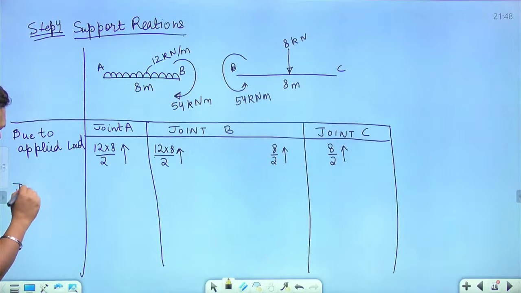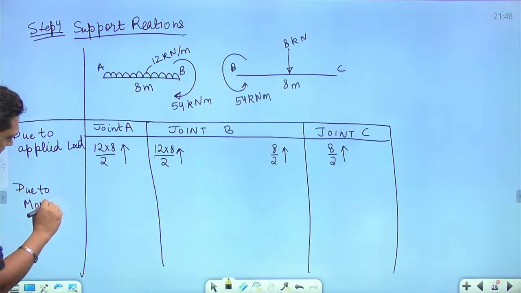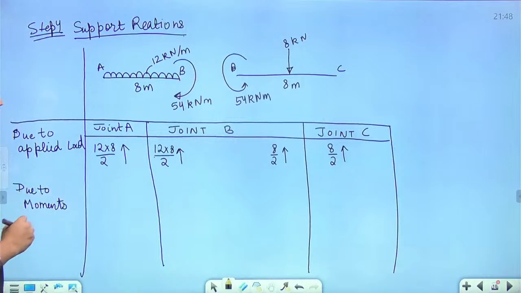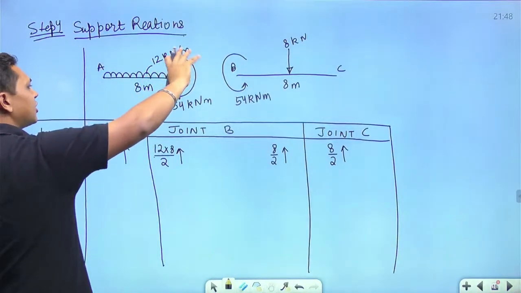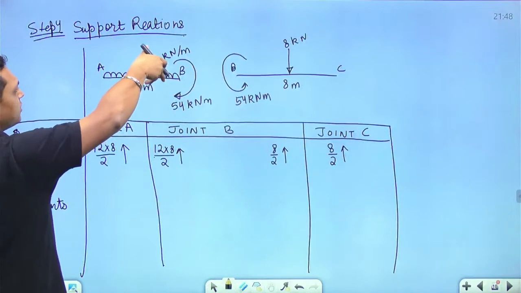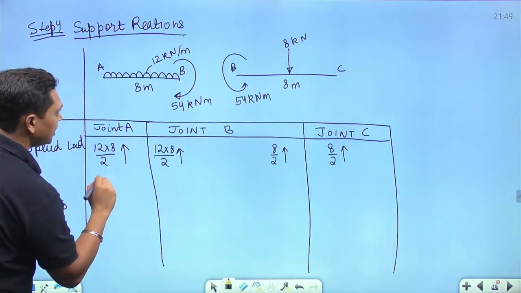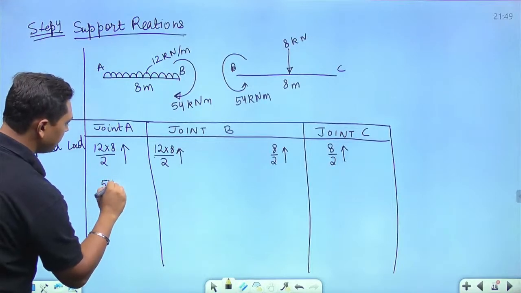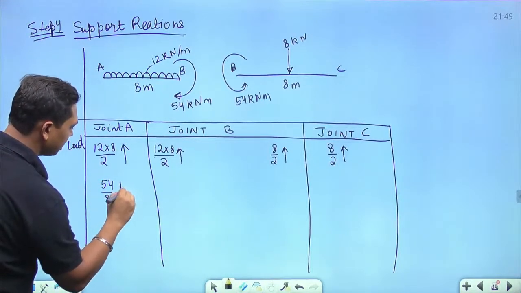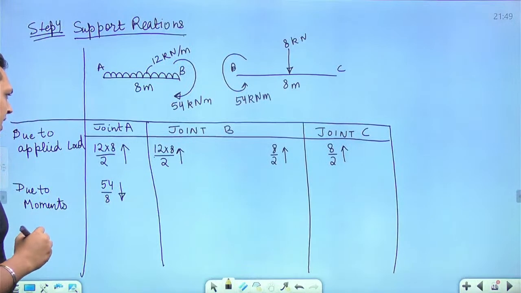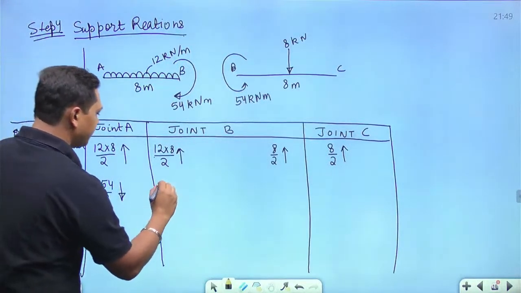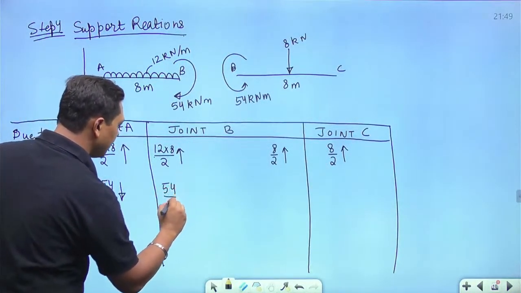Now due to moments, over here there is a clockwise moment, so there is going to be an anti-clockwise couple. At A it is going to be M by L in the downward direction, so 54 by 8 in the downward direction. And over here it is going to be 54 by 8 in the upward direction.